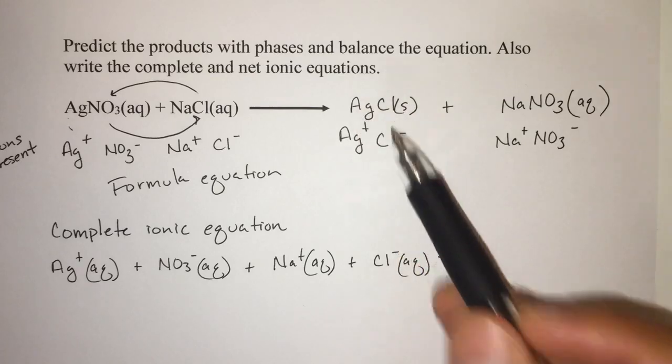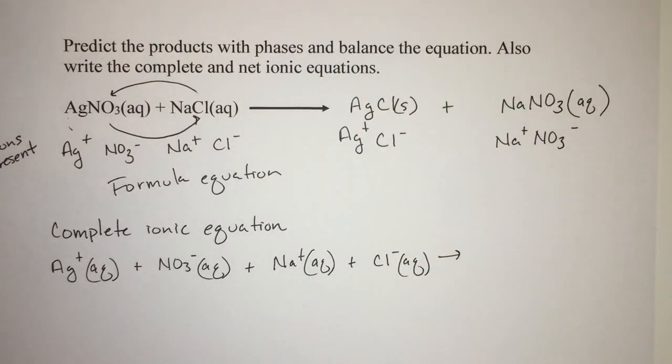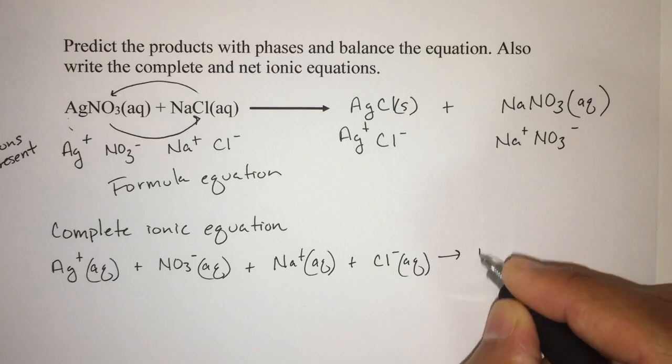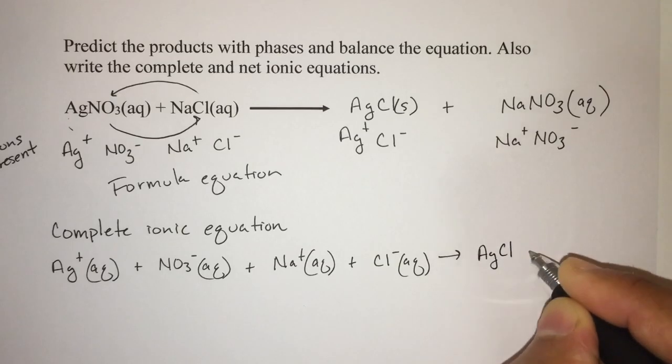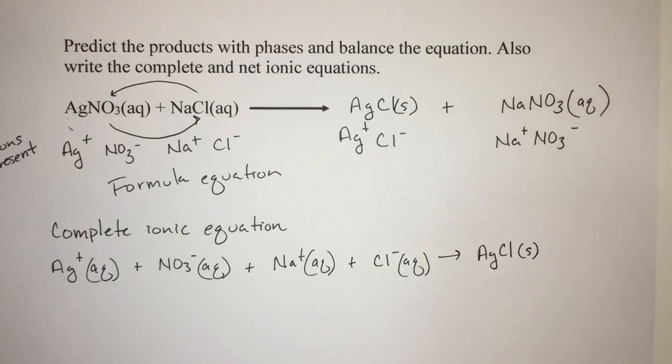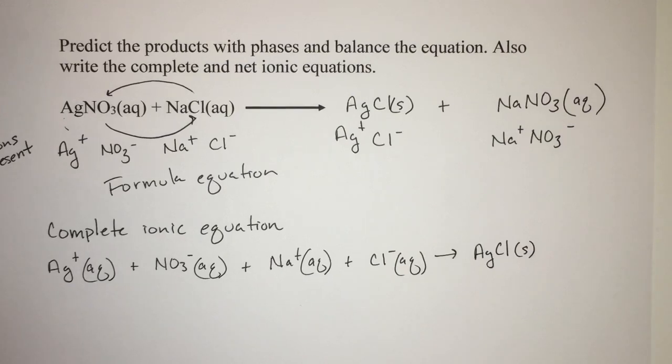So silver chloride does not dissociate when the solutions are mixed. Silver chloride is produced and it's in the solid phase. So for solid, we'll go ahead and leave the silver chloride together because that's the way it is in the end.